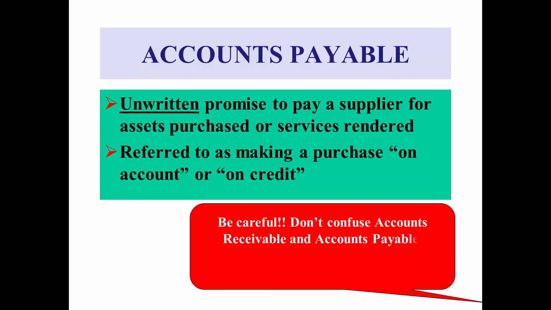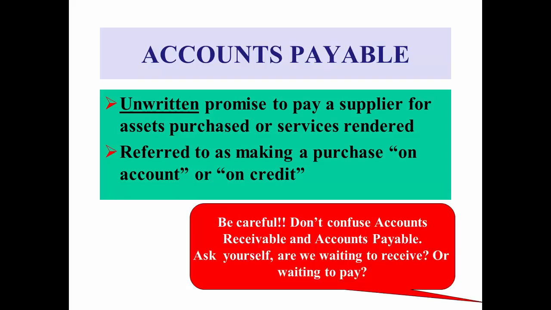Now here's where we're going to talk about accounts receivable and accounts payable. When we talked about accounts receivable, we said that we're going to receive it in the future. Today, customers owe us. We're going to receive it in the future. So that's accounts receivable. It's an asset because right now, today, we legally own that money even though it's not in our hand.